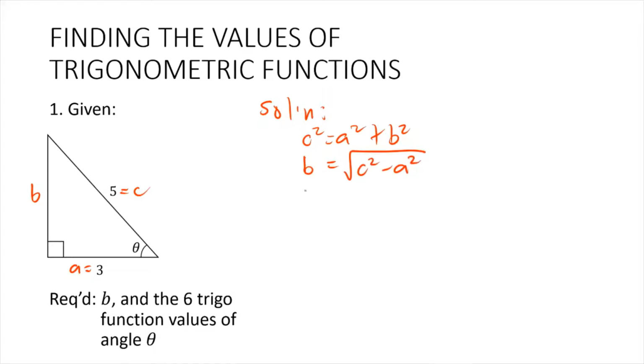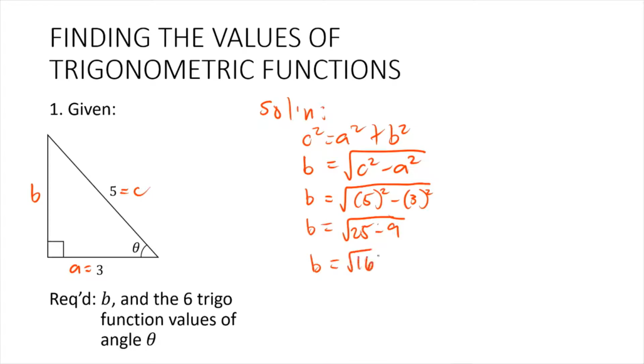Okay, and then let's plug in the values. C is 5 squared minus a, which is 3 in this case, squared. Now b is equal to the square root of 25 minus 9. So b is the square root of 16. Therefore, b is 4 units.